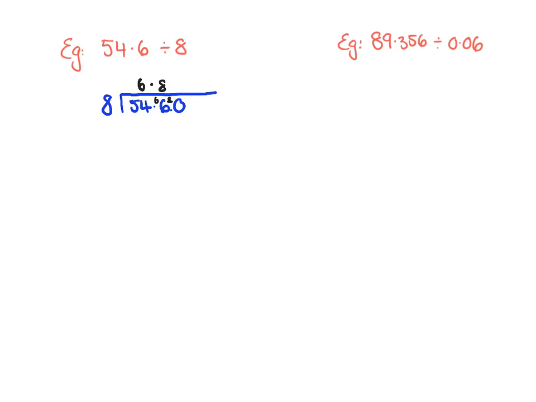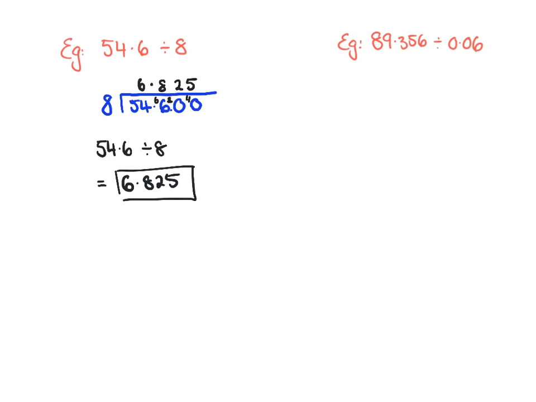So 8 into 20 actually only goes 2 times, so 2 times 8 is 16 with 4 left over, and 8 into 40 goes 5, and then we've reached the end. All right, so if I said 54.6 divided by 8, it actually equals 6.825.